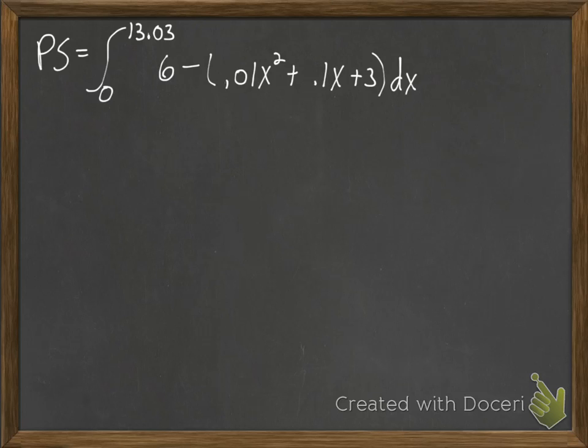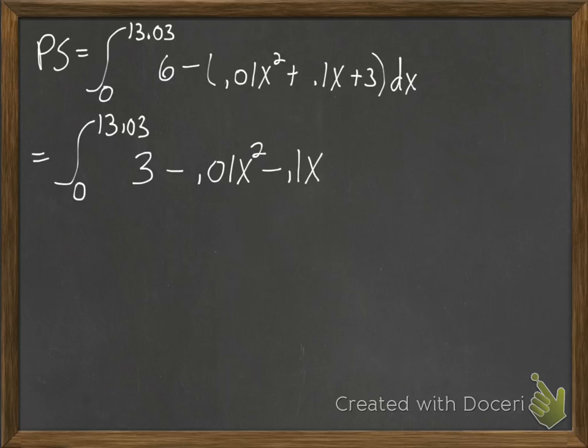Start working that out. Or again, if you have that numerical integral feature on your calculator, you can use that. Distributing that negative through, that'll be 6 minus 0.01 x squared minus 0.1 x minus 3. So rewriting that, that would be 3 minus 0.01 x squared minus 0.1 x dx.